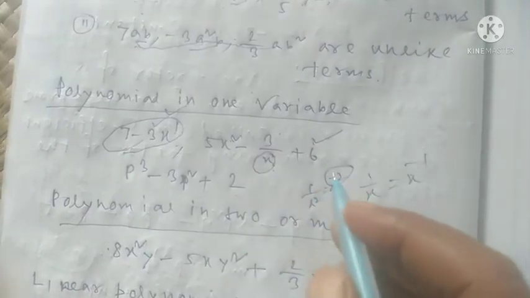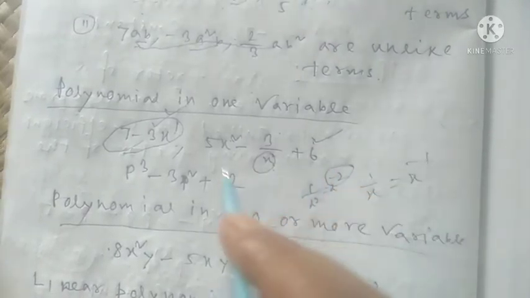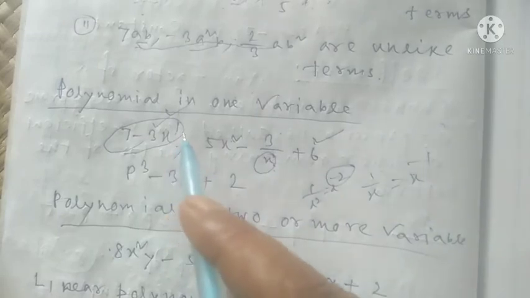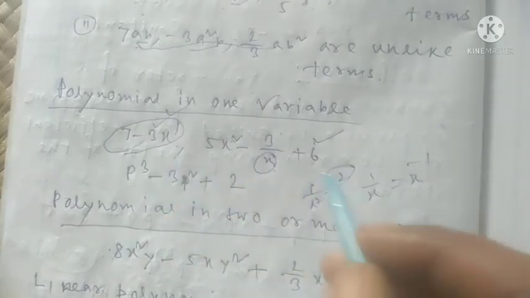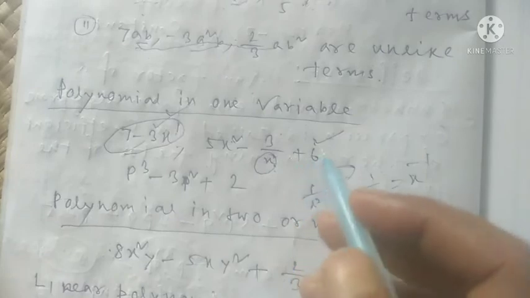Non-negative powered algebraic expressions you can call a polynomial, but a negative powered expression you never call a polynomial.